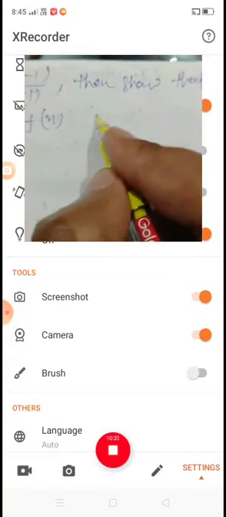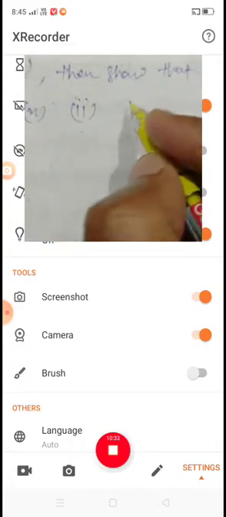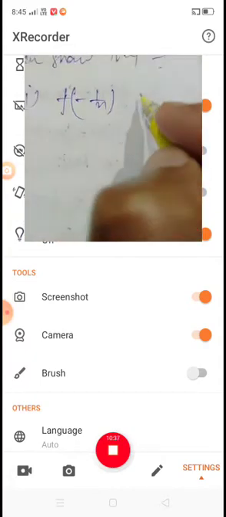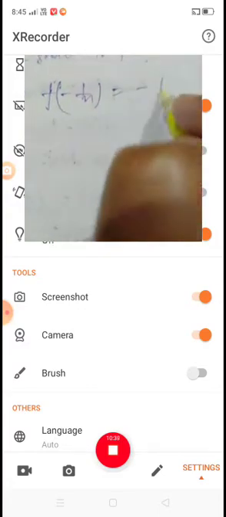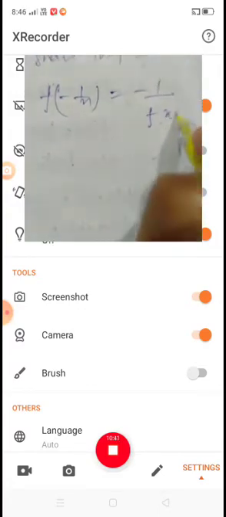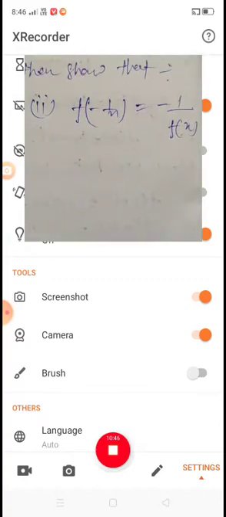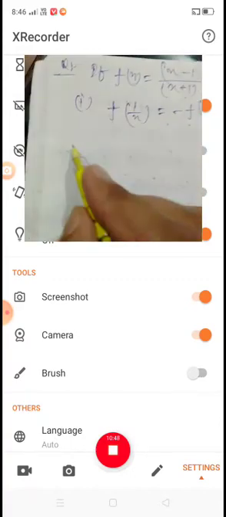And second one, f of minus 1 upon x is equal to minus 1 upon f of x. Okay, now let's solve it.